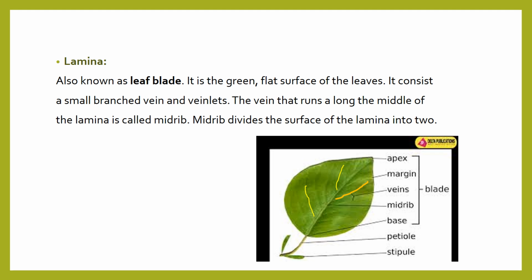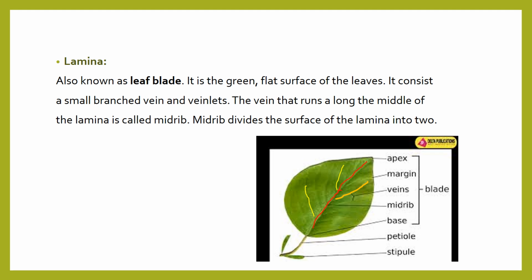The vein that runs along the middle of the blade, in the middle plane of the blade, marked by the red line, is called the midrib.